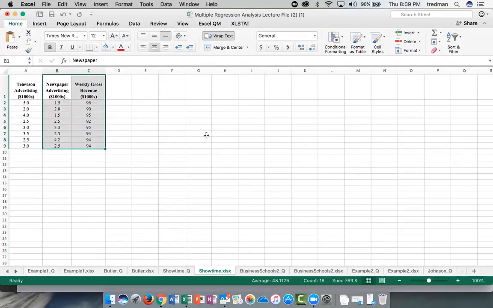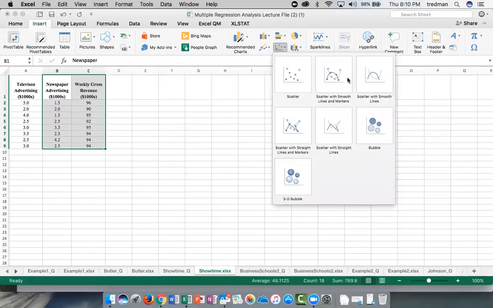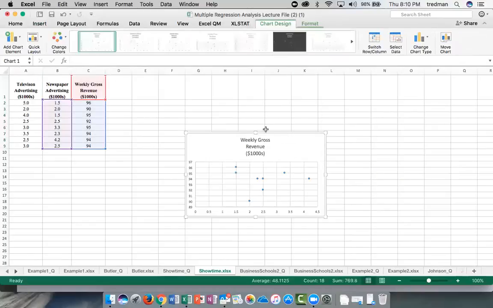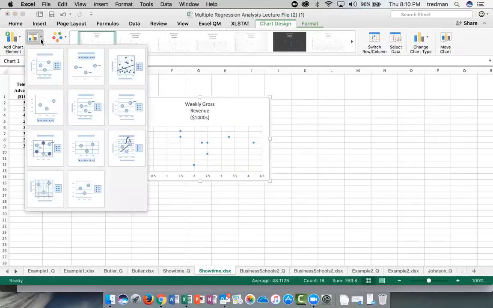So I select both columns and choose Insert. Then under the charts, I'm going to look at Scatter. When I use these charts, I usually use quick layout 1.